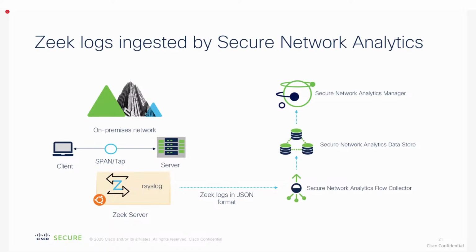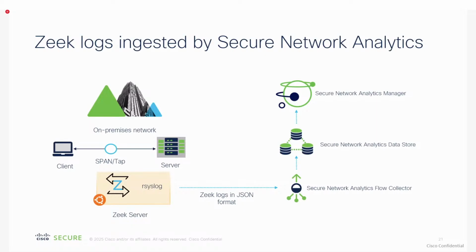Zeek is going to go through and do the parsing on that. It's going to generate a log file, and then you can use rsyslog to send those Zeek logs in a JSON format up to your Secure Network Analytics flow collector. The flow collector is going to go through and run the detections on those, and those individual detections we'd see stored in the data store.